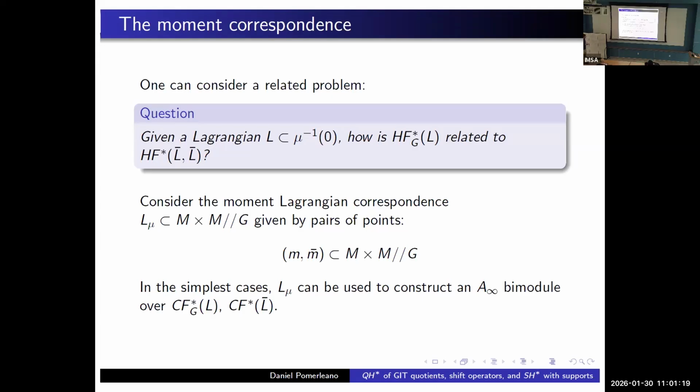If you do things equivariantly, on this side it'll be a module over the equivariant algebra. These intersection points will correspond to generators of this Floer cohomology, and on the other side they correspond to things in the quotient, and I get this A infinity bimodule.